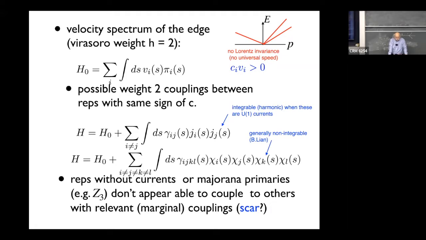What Laughlin looked at was the case where he took H0 to have a universal velocity, like a Lorentz velocity, and switched on the couplings, and he found that up to 6 Majorana species, you could diagonalize it and get three velocity fields. But above that, it's not integrable, and all you get is the spectrum. You can work out easily from the Hamiltonian that there's a maximum possible velocity and a minimum possible velocity, and then you fill in, in a non-integrable way, all the states in between, but they repel each other.